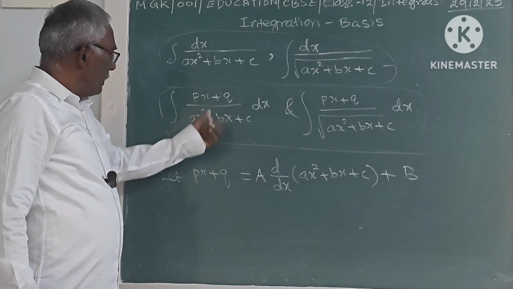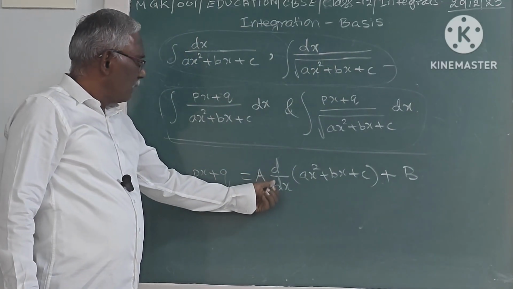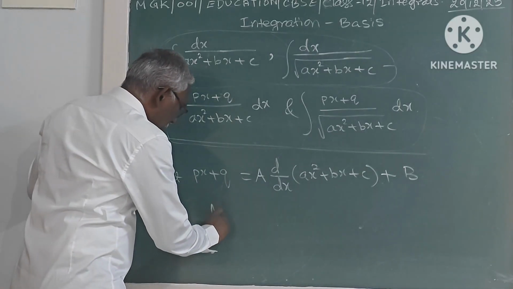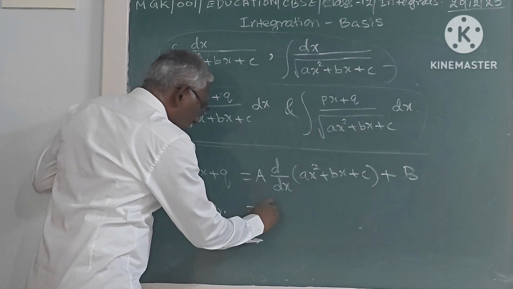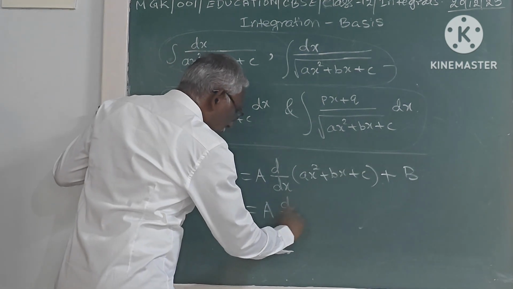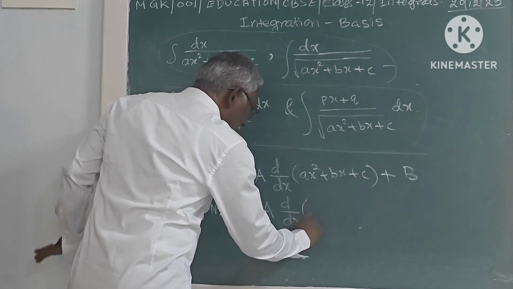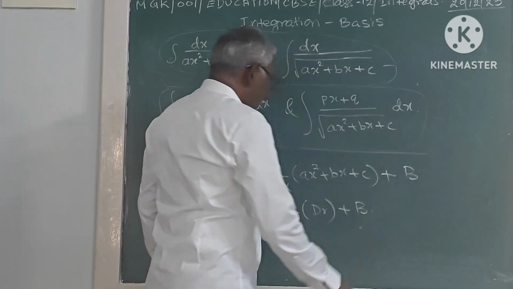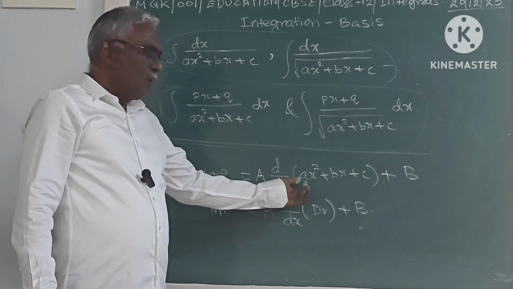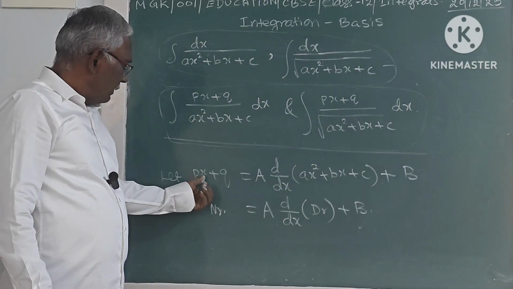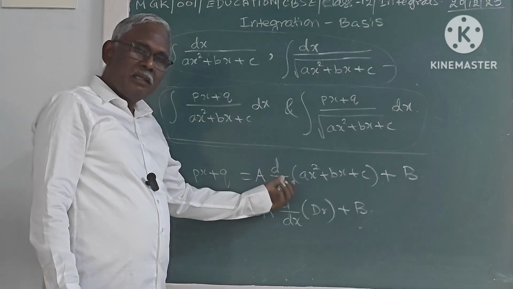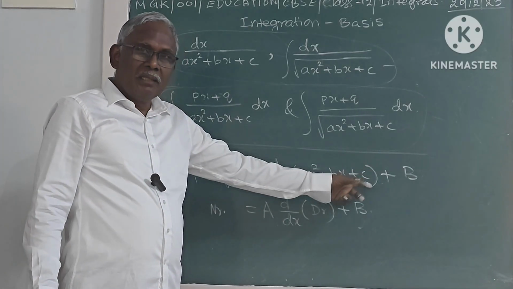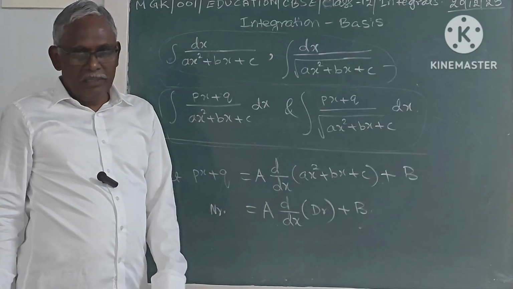You have to write numerator is equal to A times differentiation of denominator plus B. Afterwards, we have to equate the coefficient of x and equate the constant term, and get the values of A and B. Here A and B are arbitrary constants.